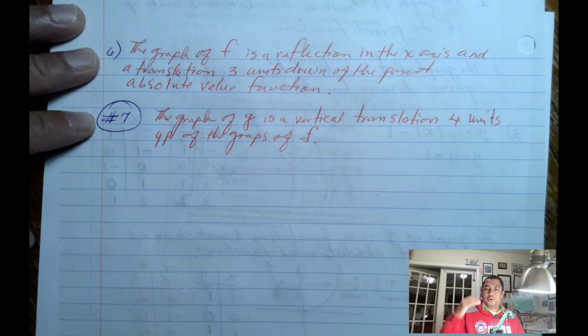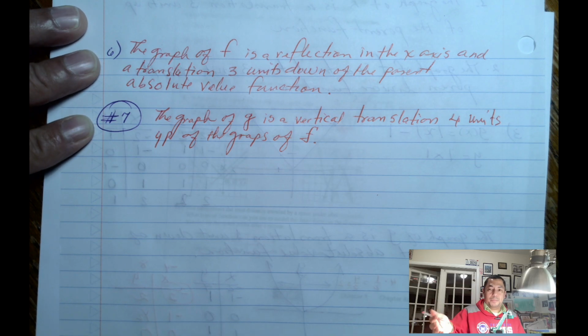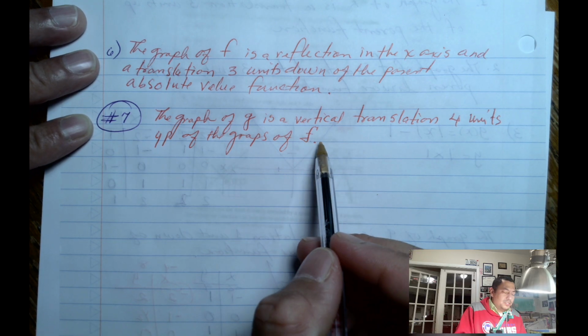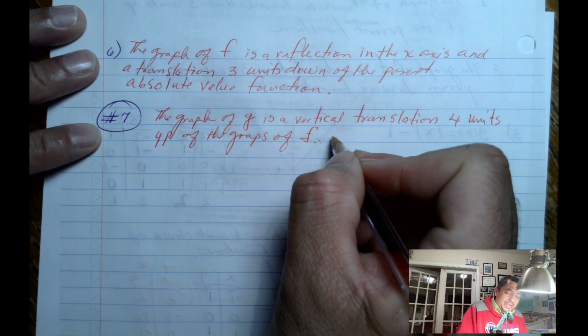That will cover going 4 units up. In another situation, I will just say the graph is just 4 units up of f, but this is more like the formal solution. Now I have the graph of g.